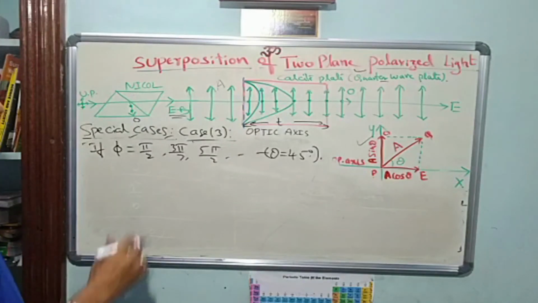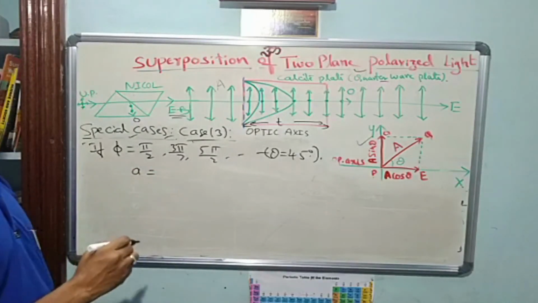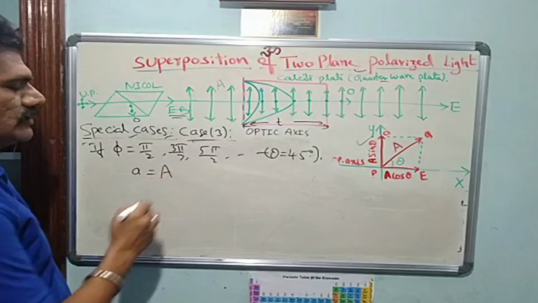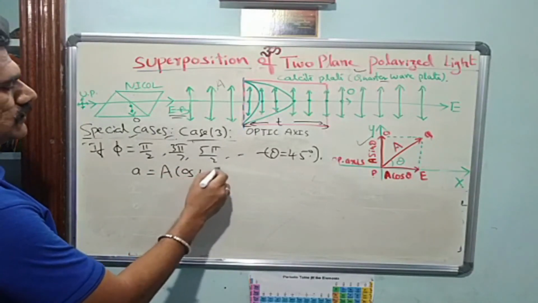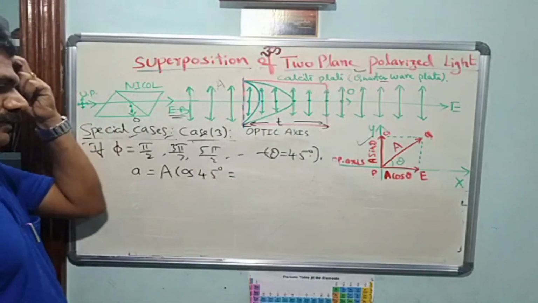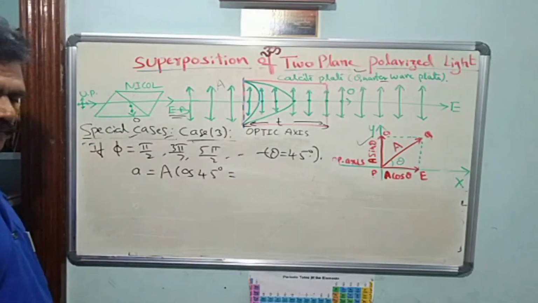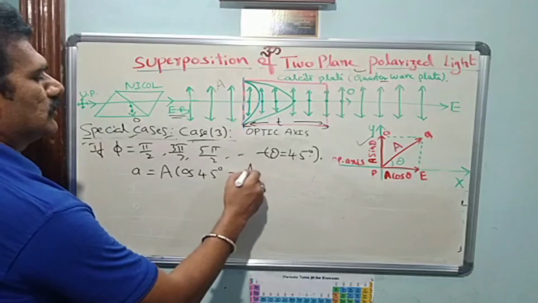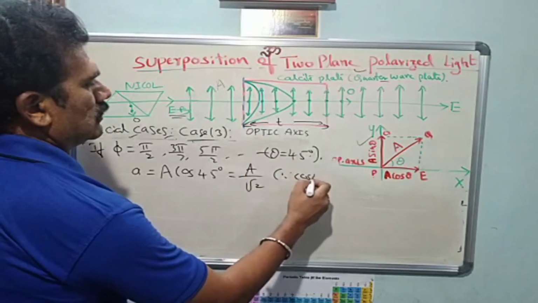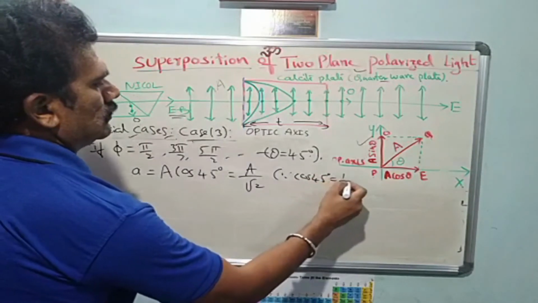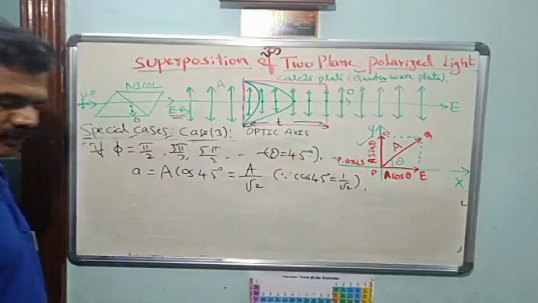Then the equation for A, where we have the amplitude A into cos theta, is equal to A cos 45 degrees. Since cos 45 degrees is equal to 1 by root 2, you get A by root 2.